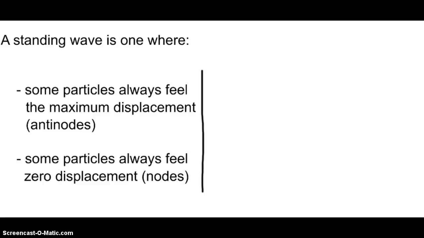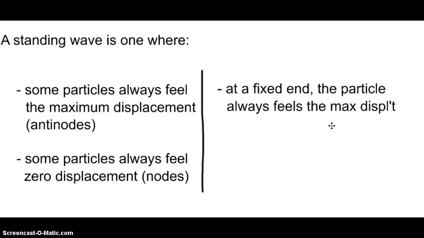So let's compare what we just learned to some of the original statements we made about standing waves. A standing wave has particles that always feel the maximum displacement. Those are the antinodes. And it also has particles that always feel zero displacement. Those we call nodes. But what we said just now about boundaries was this. At a fixed end, that particle will always feel zero displacement.